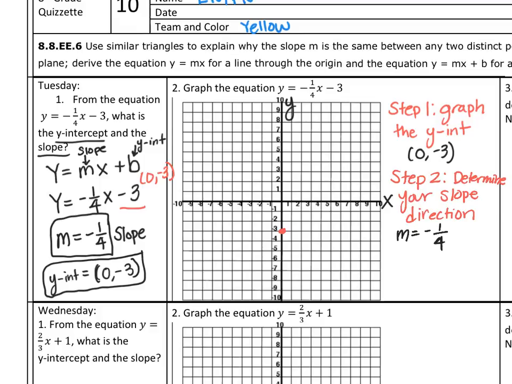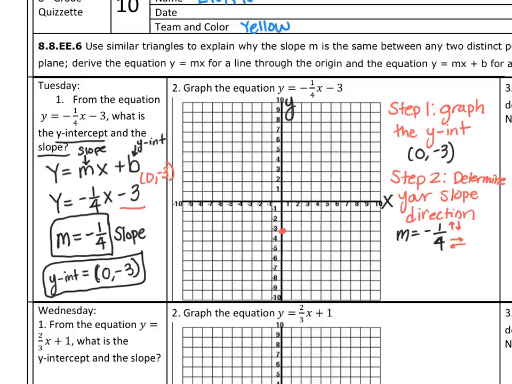So think of negative 1 over 4. The top number is either going to go up or down. So when you have a slope, the top number, or the numerator, determines if you go up or down. And the bottom number, or the denominator, determines if you go right or left.